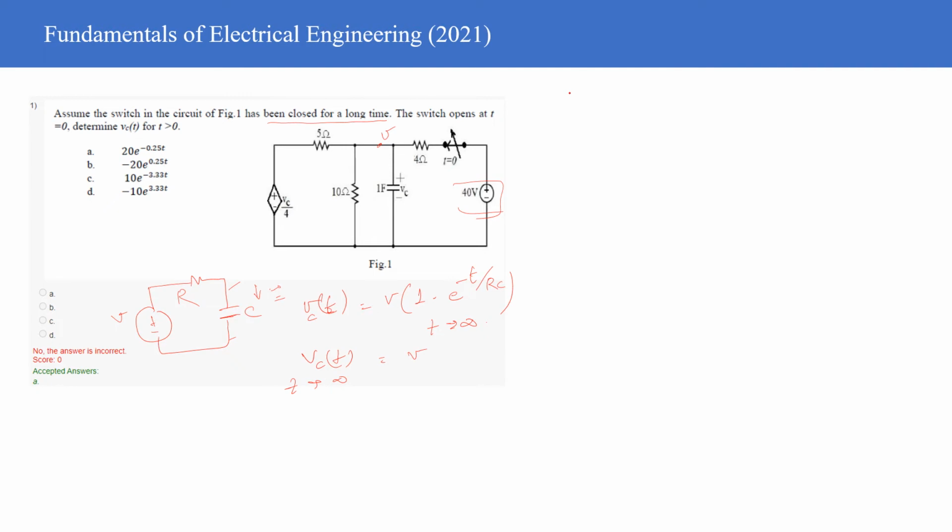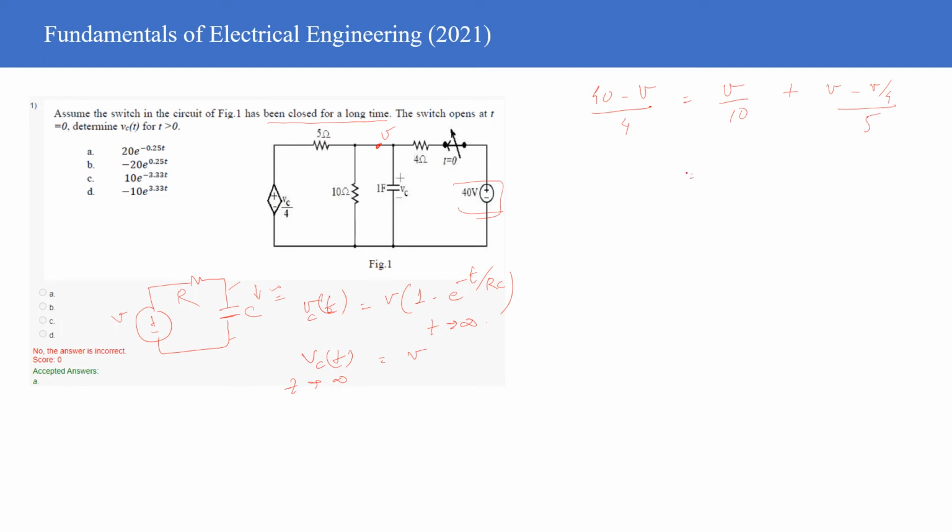Then using KCL, I can write the nodal equation at this node as (40 - V)/4 = V/10 + (V - V/4)/5, right?